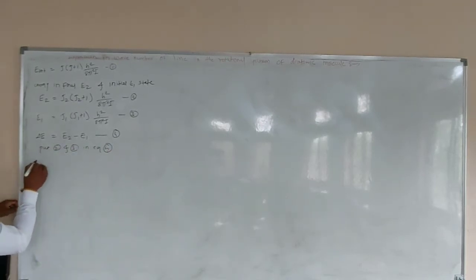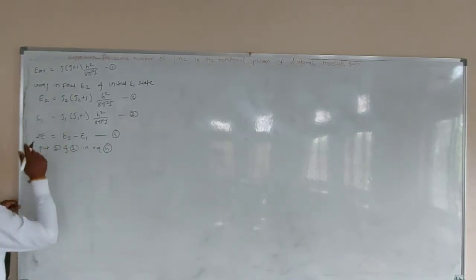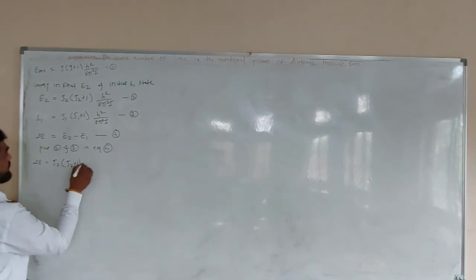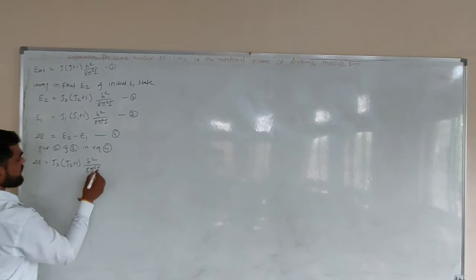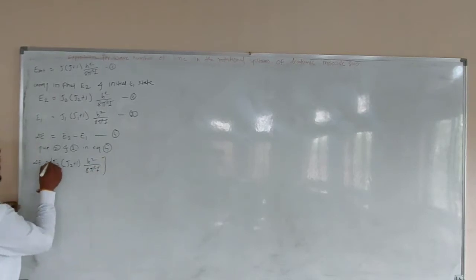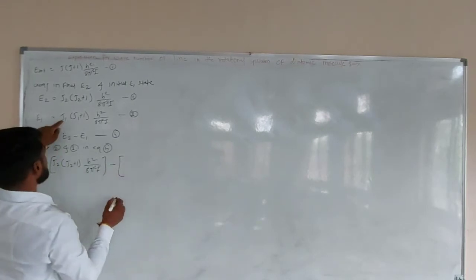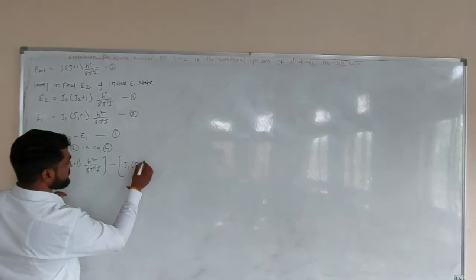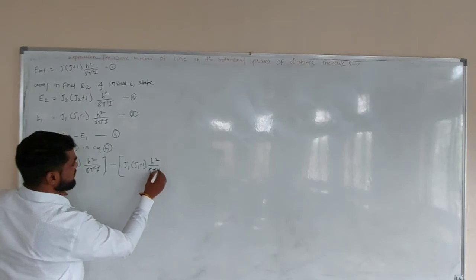That is delta E is equal to E2, put the value of E2, that is J2 inside the bracket J2 plus 1 into h square upon 8 pi square I. This is your E2 value, minus E1, that is J1 inside the bracket J1 plus 1 into h square upon 8 pi square I.